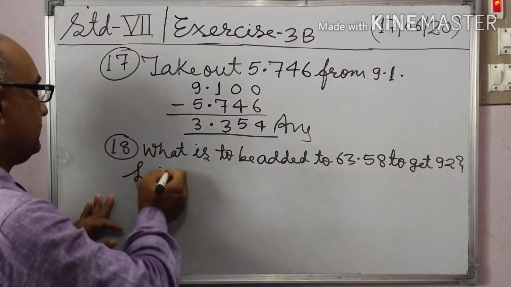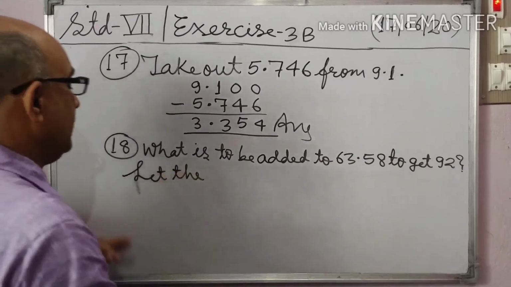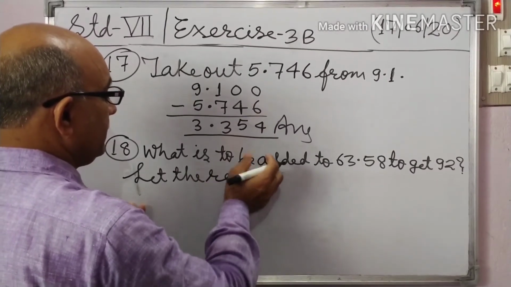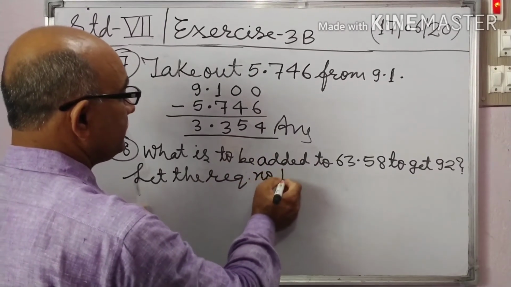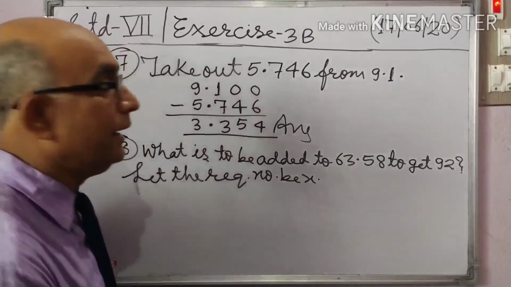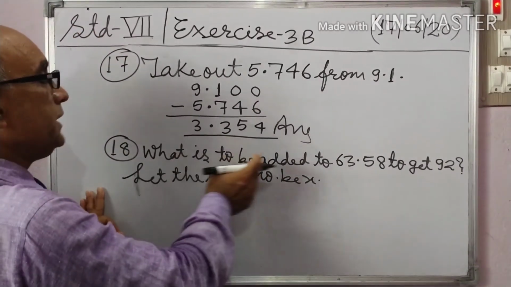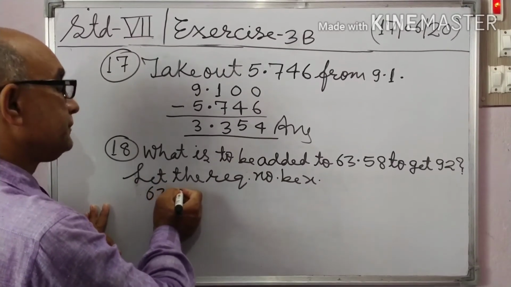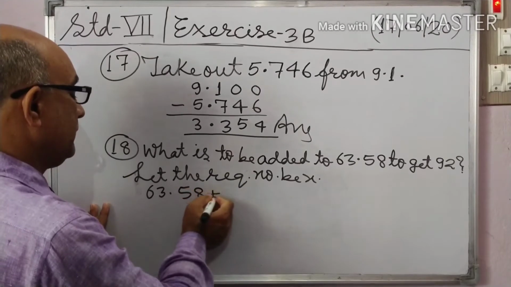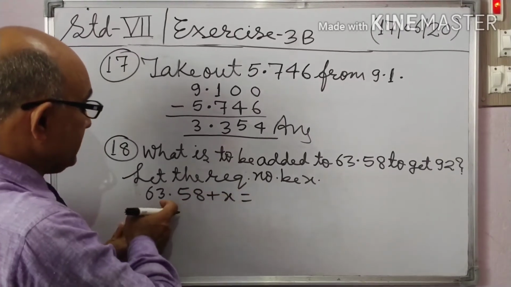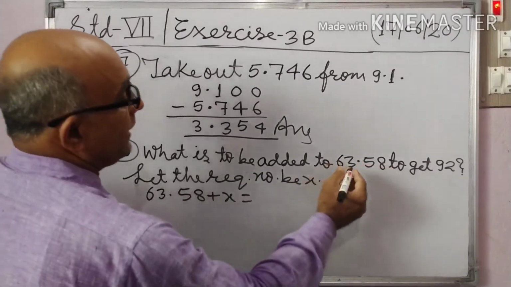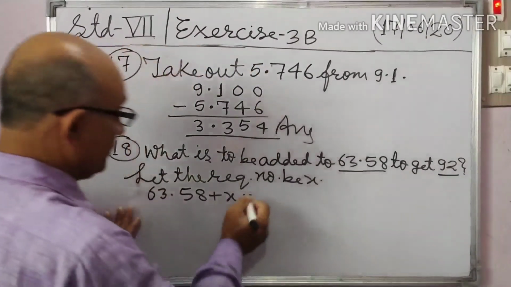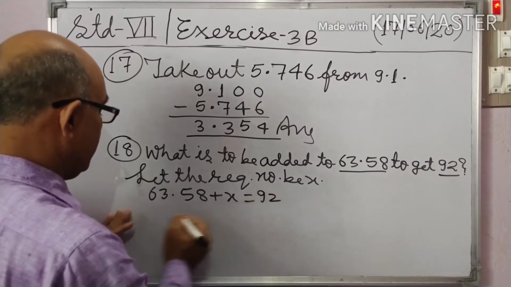Let the required number be x. What is to be added? So 63.58 plus x to get 92. So 63.58 plus x equal to 92.